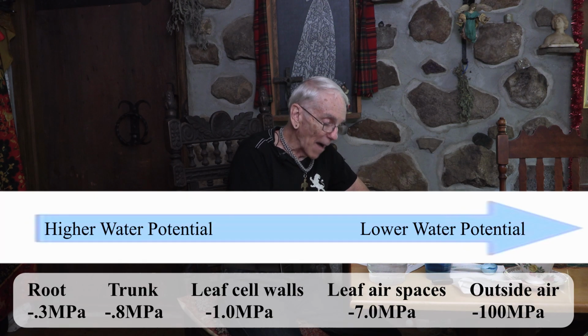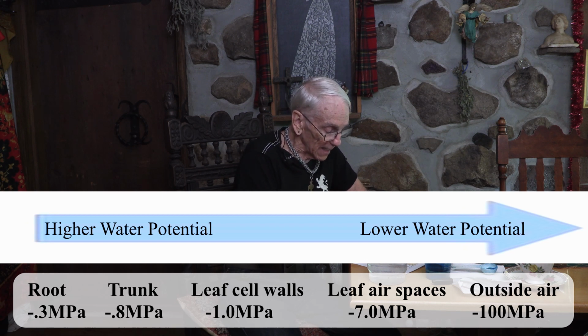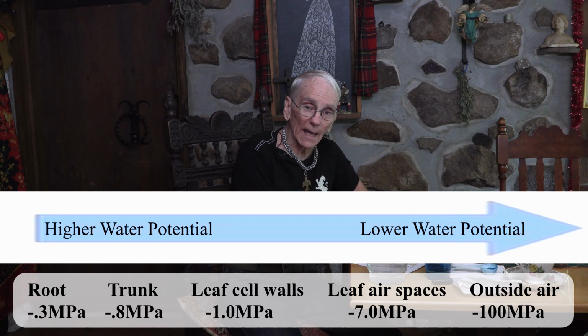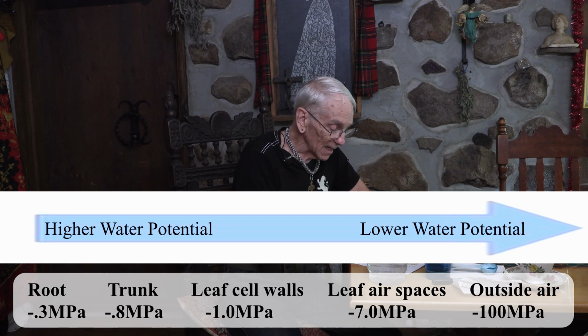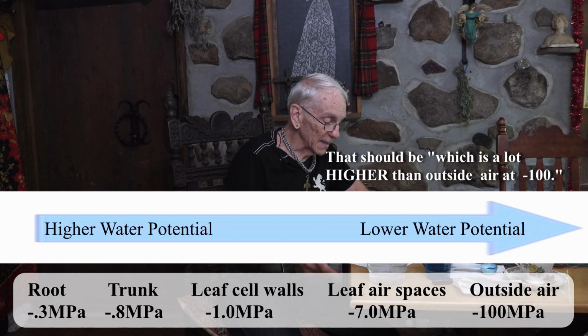And if you look at the different levels of energy up that water potential gradient, at the root, they've got it as -0.3, which is a little higher than at the trunk, which is -0.5, which is a little higher than the trunk system, which is -0.8, which is a little higher than the leaf at -1, which is a little higher than the leaf air spaces at -7, which is a lot lower than outside air at -100. So this is the absolute key.